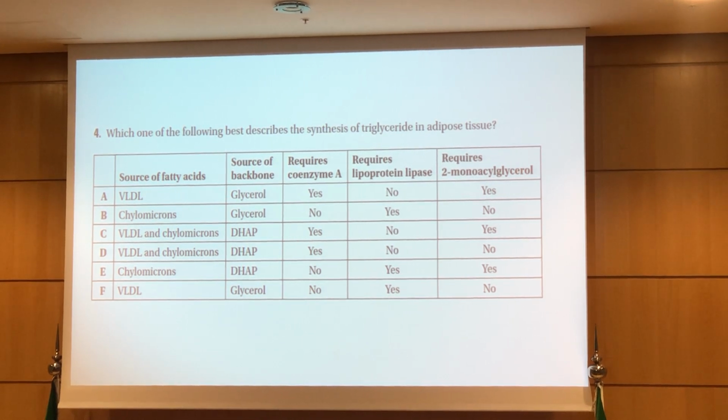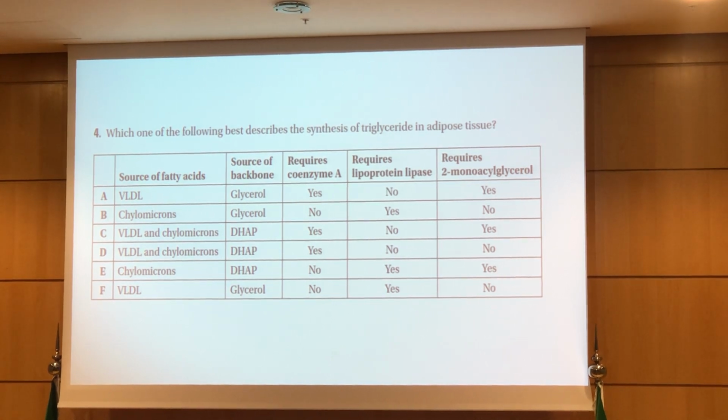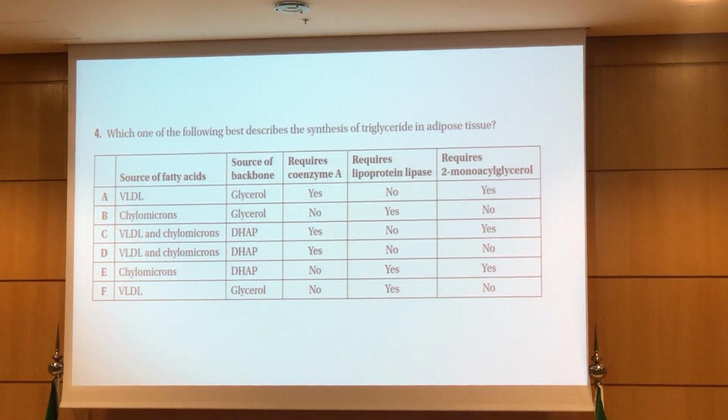In other words, is the fatty acid coming from the enterocyte or is it coming from the liver to the adipose tissue? Both of them. So it would be VLDL from liver, chylomicrons from enterocyte. So the answer has to be C and D. Forget everything else. Are we okay so far?